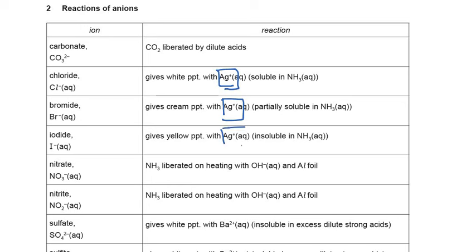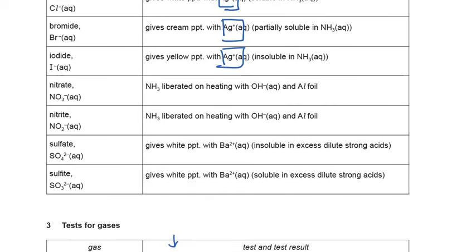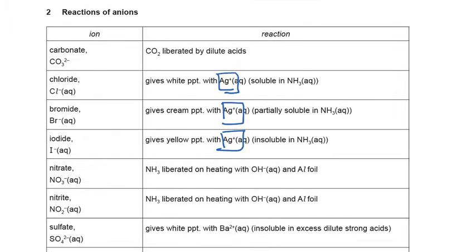If we are adding silver nitrate, this is the test we are performing. Out of the list of all these anions, is there any other test with silver? Yes, these are the 3 tests. So you need to understand that we are performing the test for either chloride, bromide or iodide ions.